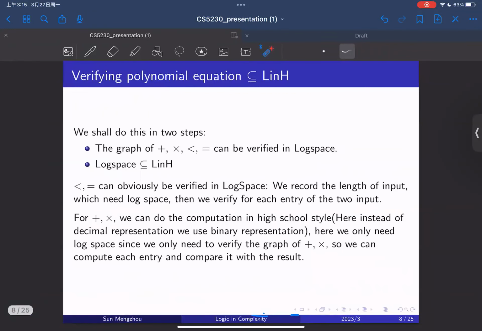Okay, so let's see the other side. So here I write it as a verifying polynomial equation. So actually we can see that if a formula is without any quantifier, it will look like px is greater than or equal to 0 and or qx is equal to 0 and something else, maybe with some brackets.